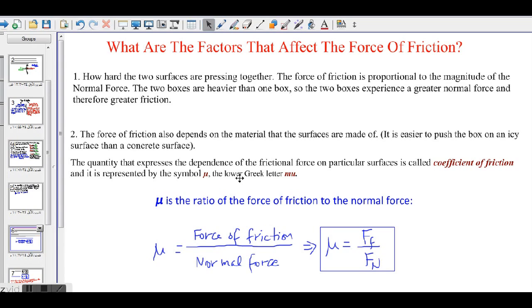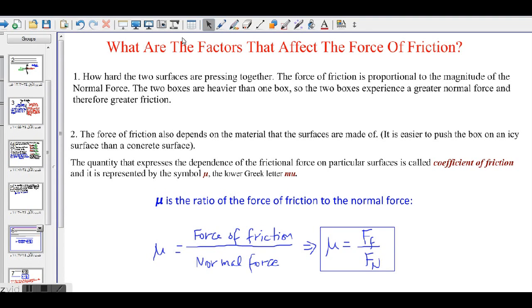And it is the ratio of the force of friction to the normal force, Ff over Fn. Force of friction over normal force. Force of friction has a unit of newtons, normal force also newtons, so mu has no unit because newton and newton cancel out.